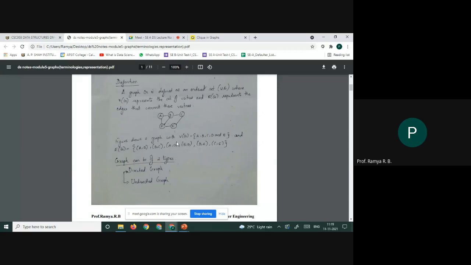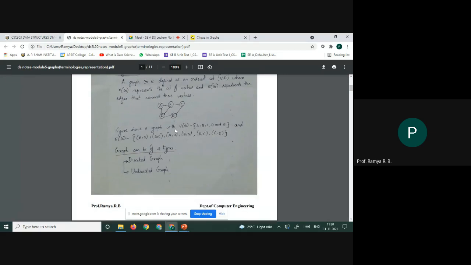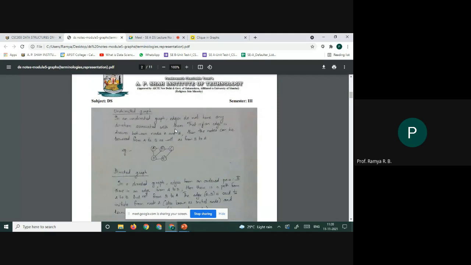And you know that there are two primary categories of graphs, directed graphs and undirected graphs, right? What is a directed graph and what is an undirected graph? As the name indicates, directed graphs have a direction associated or annotated on every edge.